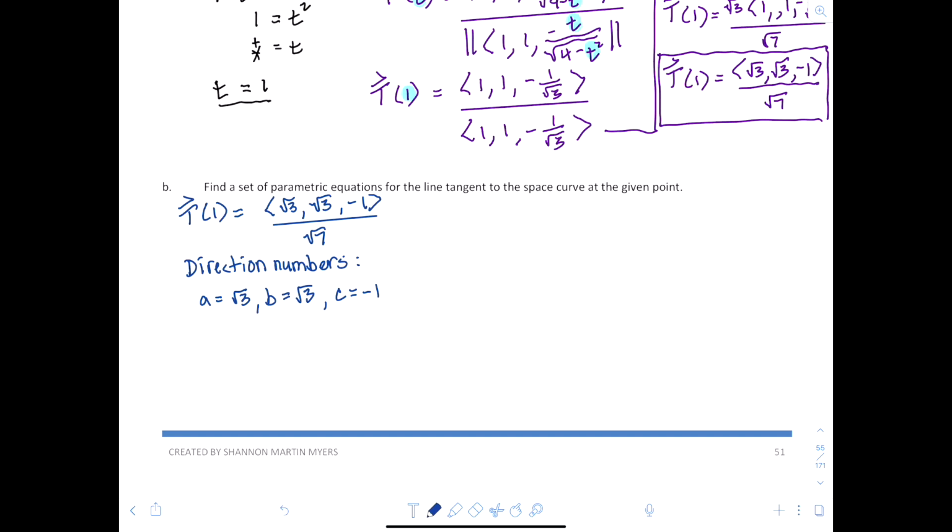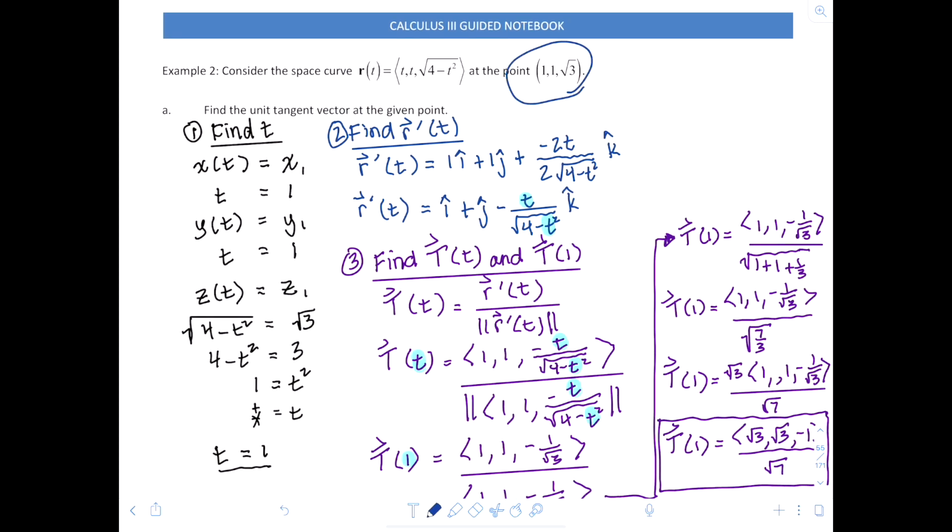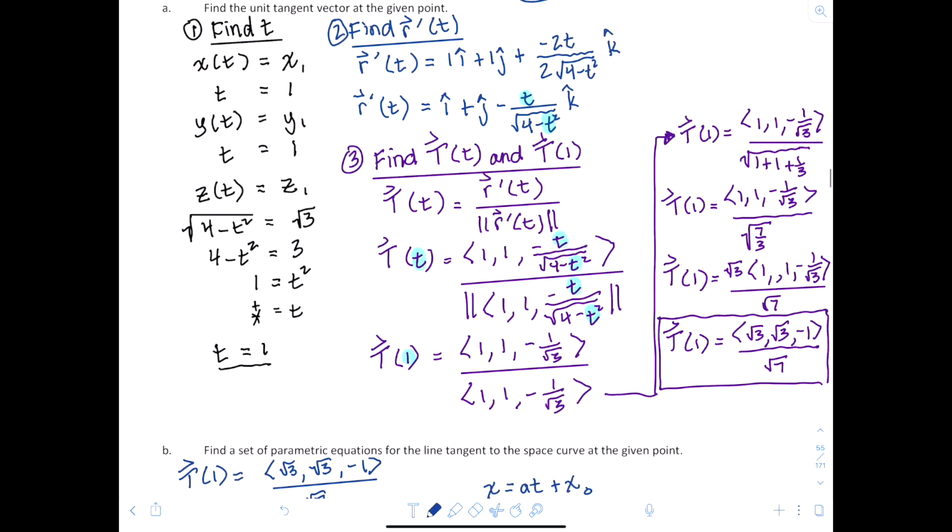And remember that x is equal to a times t plus x0. y is equal to b times t plus y0, and z is equal to c times t plus z0. Well, we were given the point, weren't we? 1, 1, root 3.